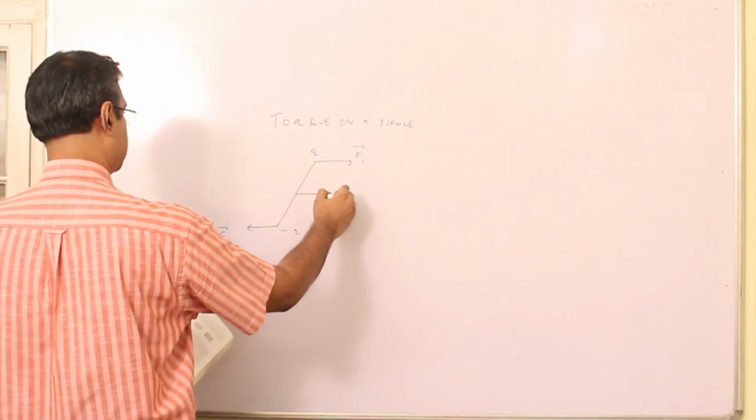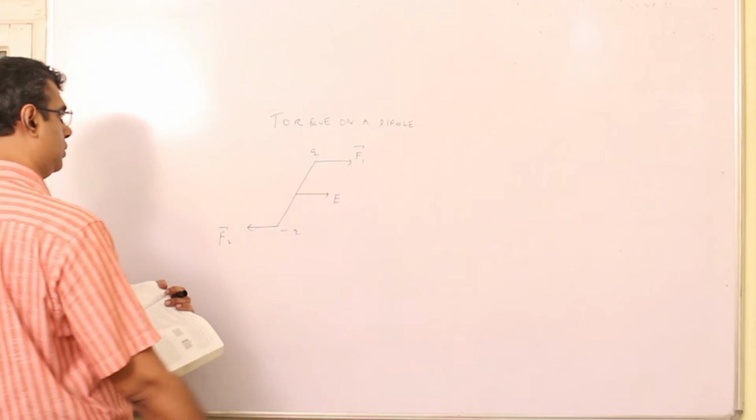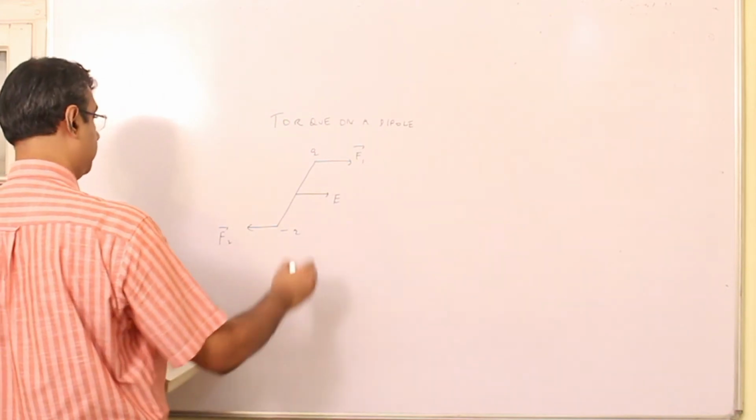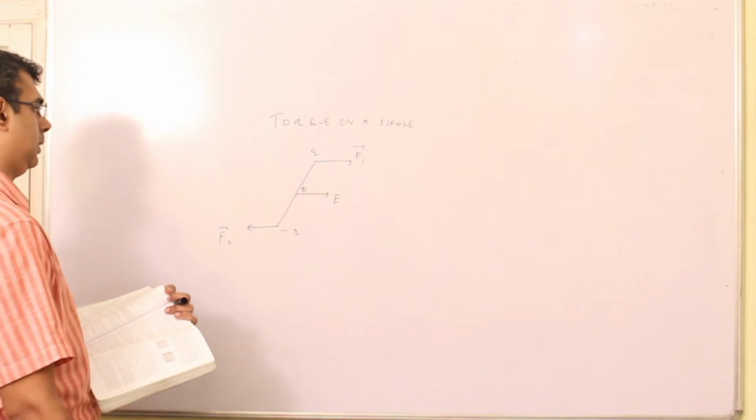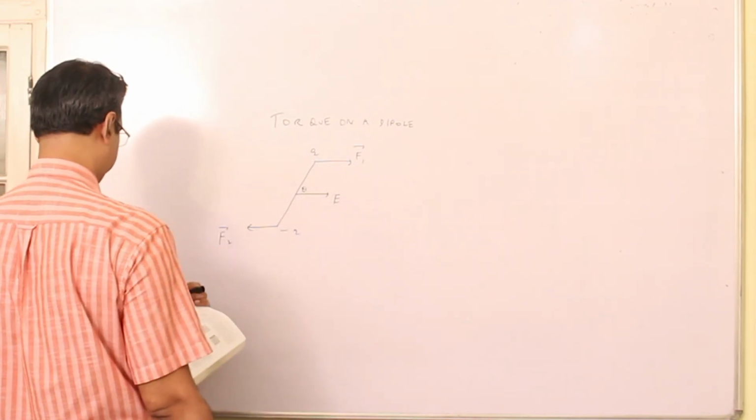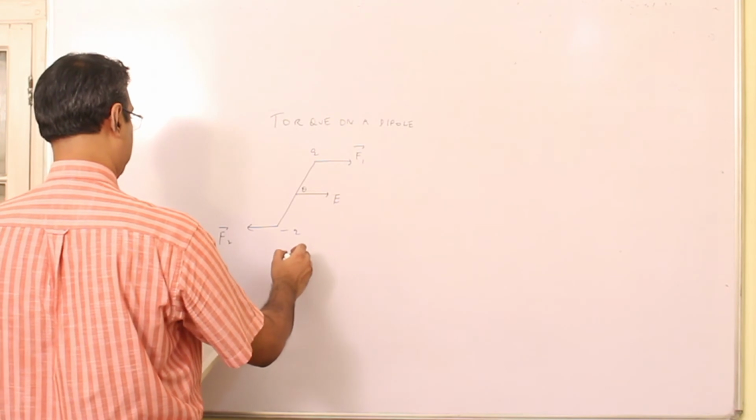So you can see that these two charges are present in a field where the field is E and the angle made by the dipole with the field is theta.